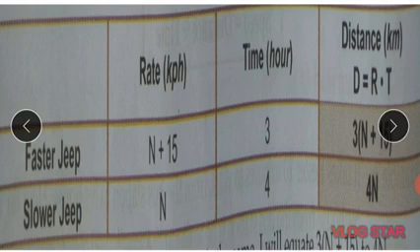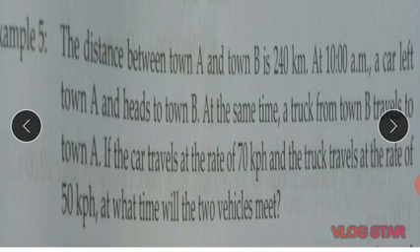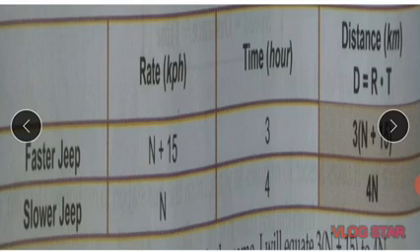Since they have equal distance, we can write these two expressions, 3 quantity n plus 15 and 4n, into an equation as 3 quantity n plus 15 is equal to 4n.